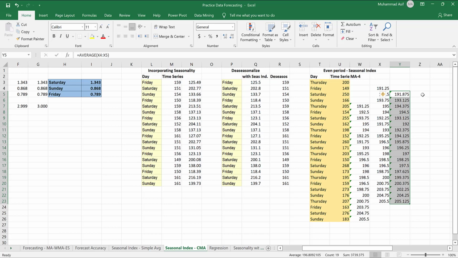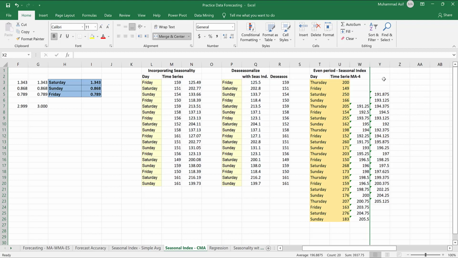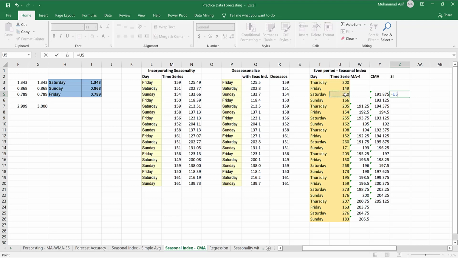And the next step is the same, which means we will divide the time period series by the centered moving average, and this is the seasonal index, whereby the series will be divided by the centered moving average, and then we will continue with this one.